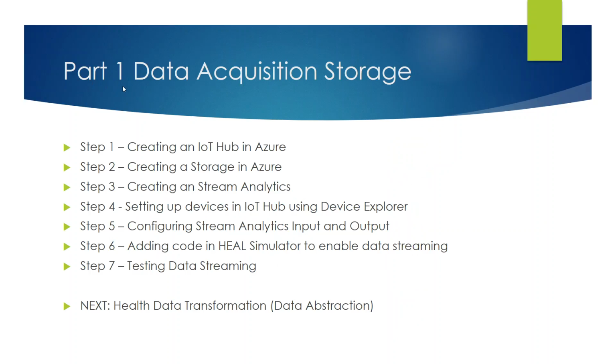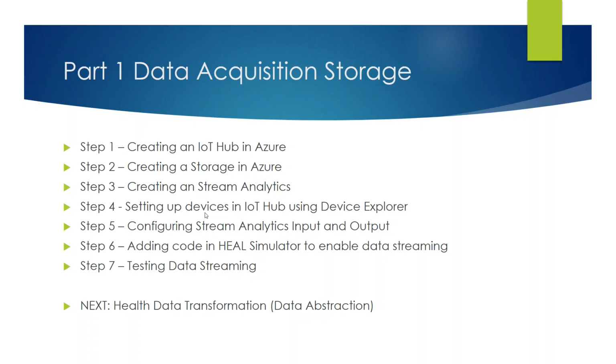So the first part is the data acquisition and data storage. We are going to first create an IoT Hub in Azure. Then we're going to create a storage in Azure, and then we are going to create a Stream Analytics service.